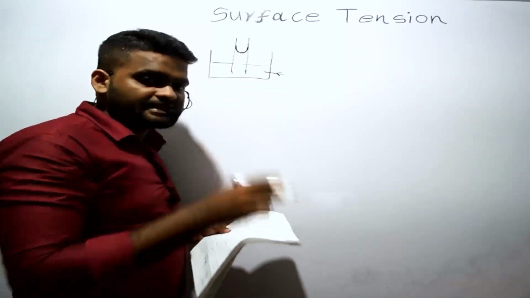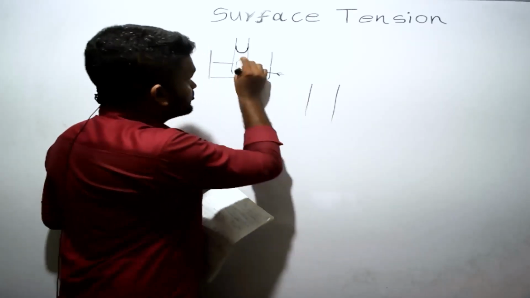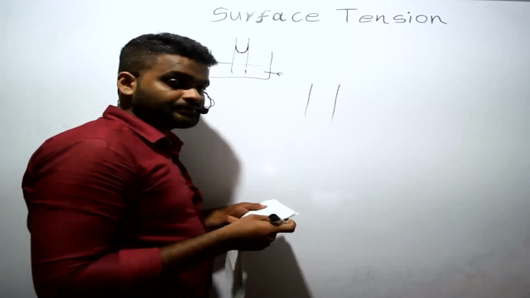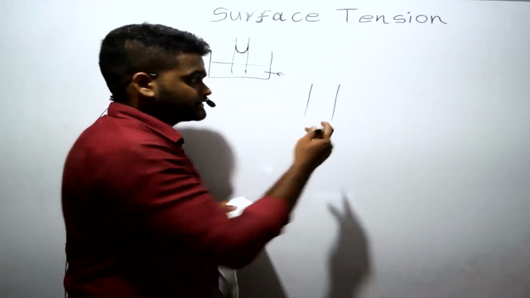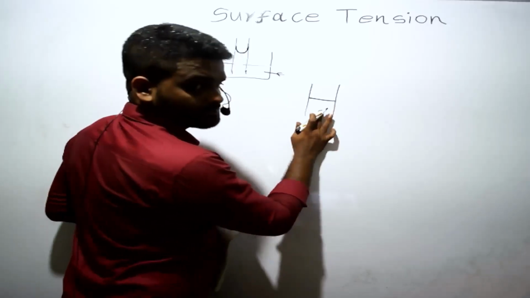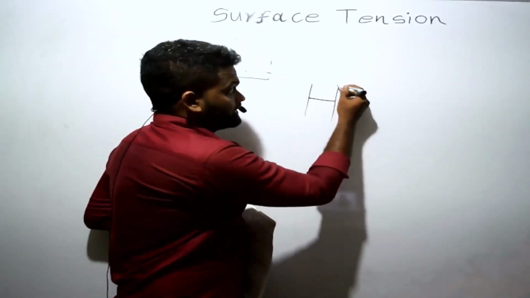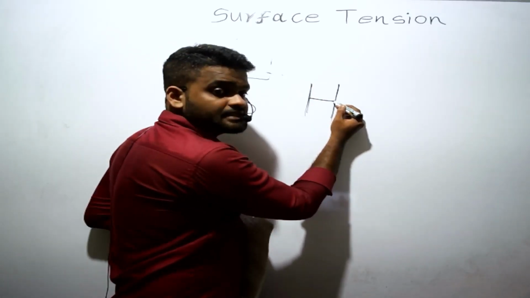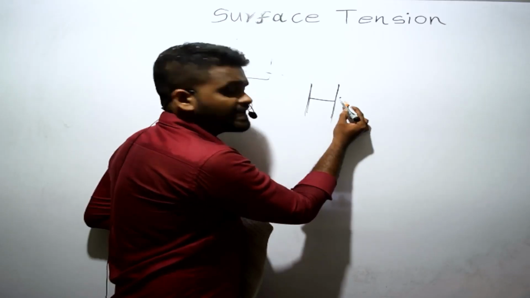In the first case, they say what? Now with benzene and glass, adhesive forces are stronger than cohesive forces. So let's say you have benzene here, and here you have the glass tube. Adhesive forces mean forces between benzene particles and glass particles.